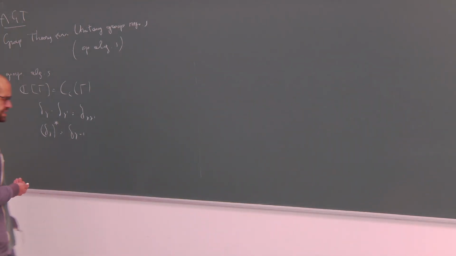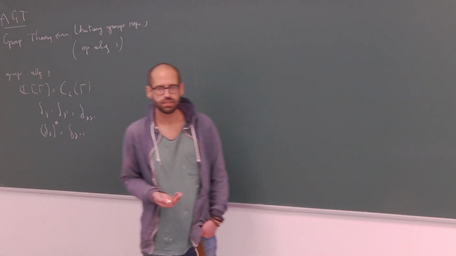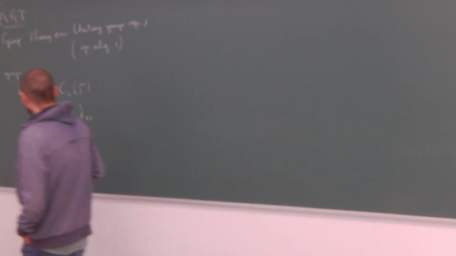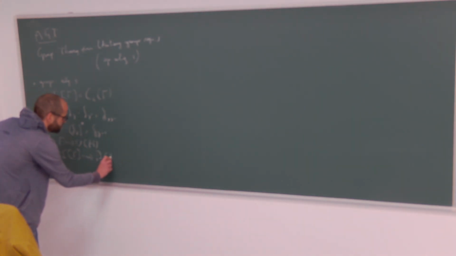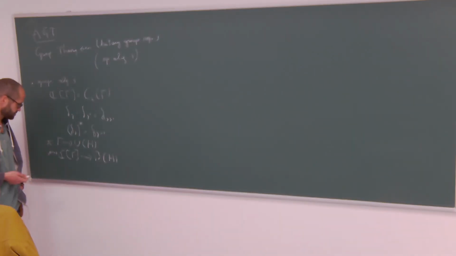Now there is a standard procedure to do so, and the procedure is the following. Suppose we have a unitary group representation from gamma to the unitary group of a Hilbert space. Then it's easy to check that this automatically induces an involutive algebra representation, so this gives a representation of this involutive algebra into B of H, where H is the same.